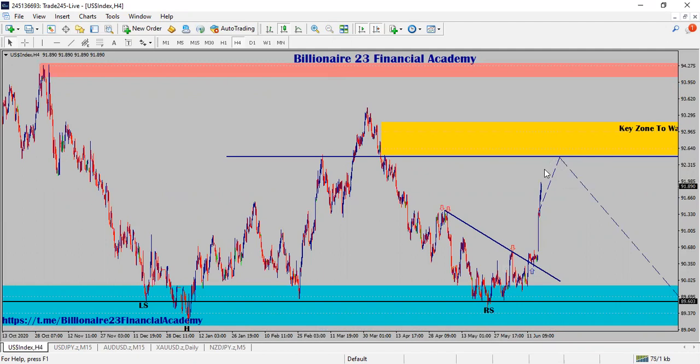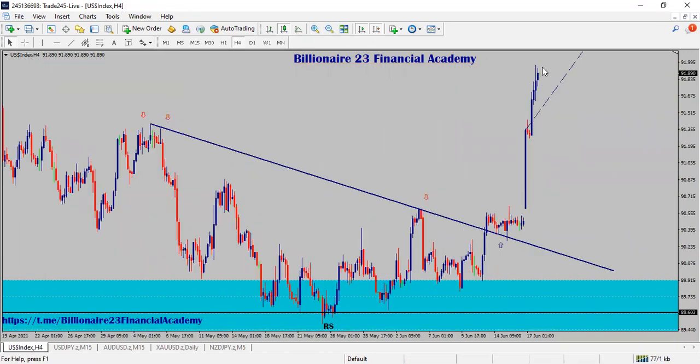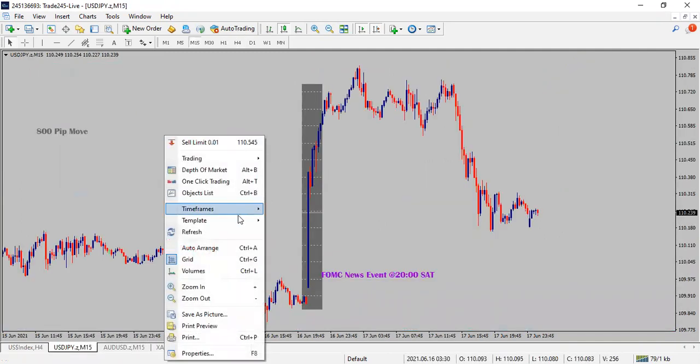And now here's something interesting that I did not realize in video 1 of the dollar index. The dollar index is moving up, right? It's moving up with momentum rapidly on the 4-hour time frame. However, if we switch to USD JPY, let me just clear this.